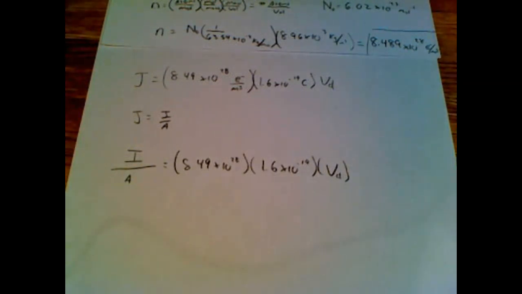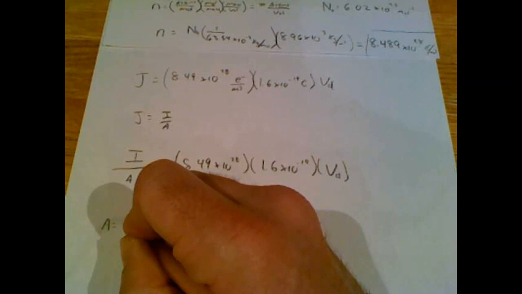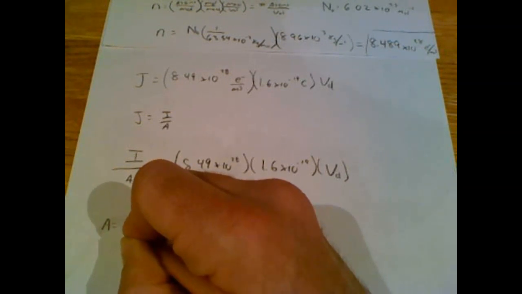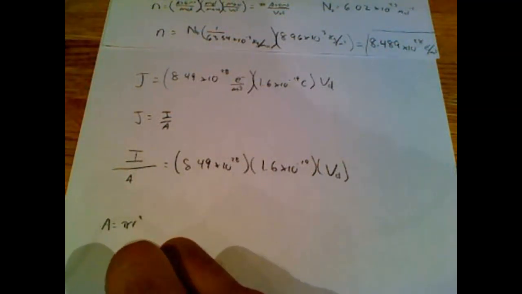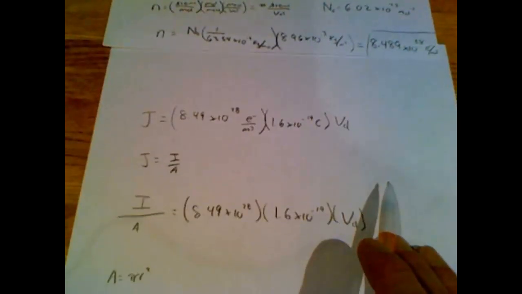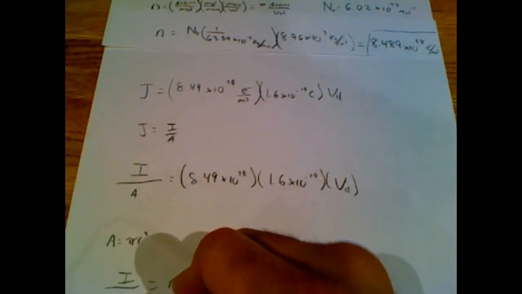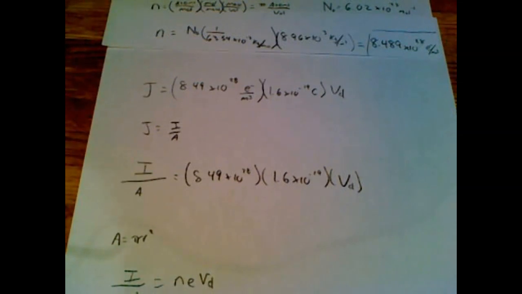Sorry. But anyhow, now that I know my current density, what is A? A is the cross-sectional area of my wire. Wires have a cross-section that looks like a circle, right? So I know A is just pi r squared. So now I have I over pi r squared equals n times e times that drift velocity, which is what we're still trying to find.